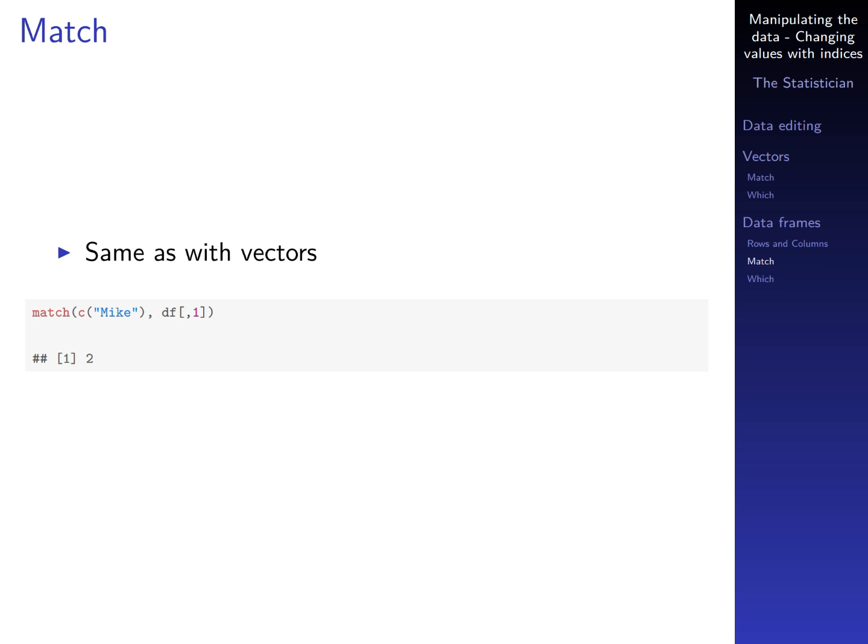And then the data, in this case we use all rows from column number 1, that is name, and it will find the matching value. In this case it's row number 2.